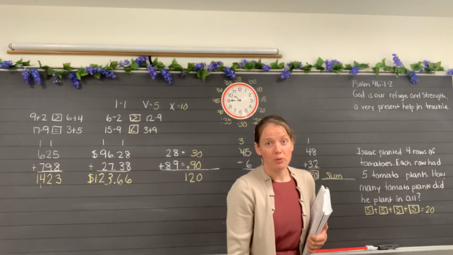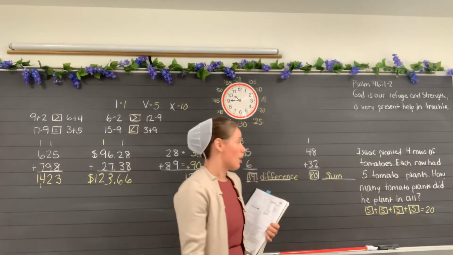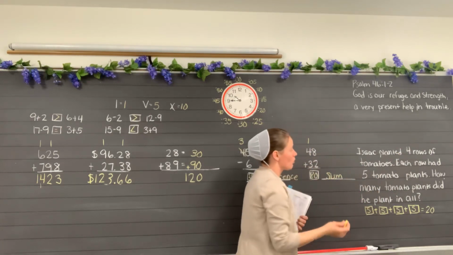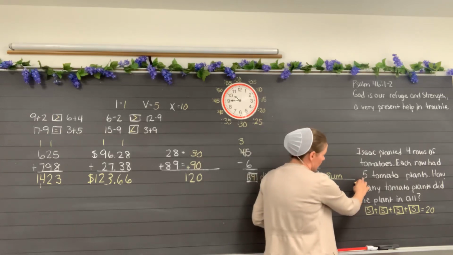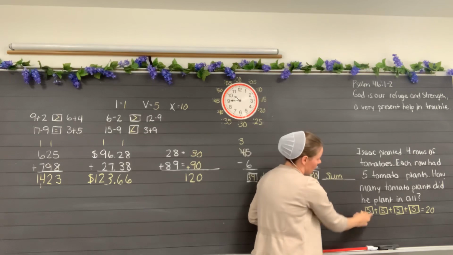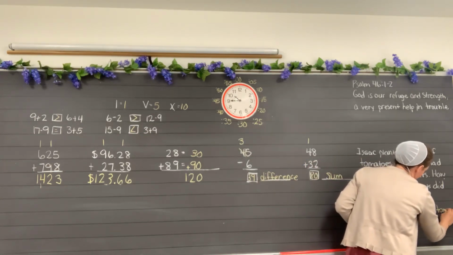Or 20 rows? Well, it would make sense to say 20 plants because up here we had 4 rows of tomatoes and each row had 5 tomato plants. So we will need to use the same label as the number down here. So we will write down tomato plants.